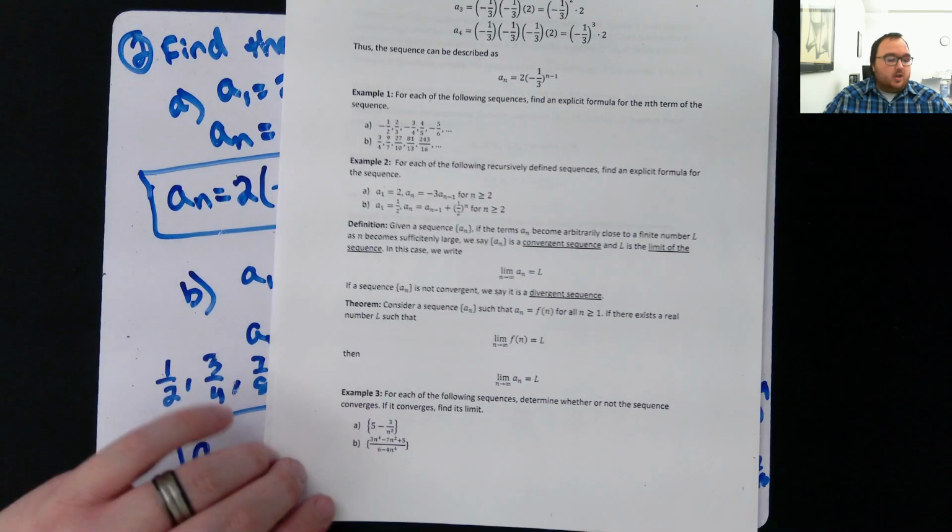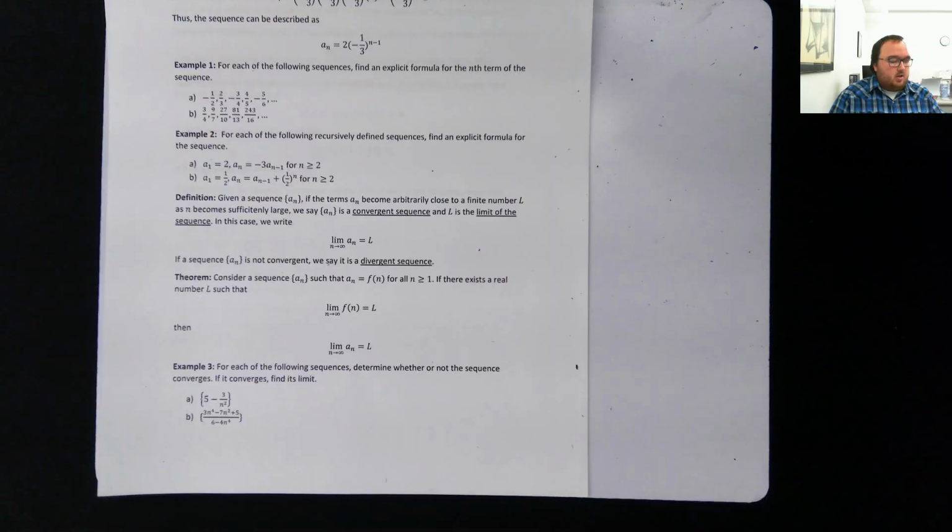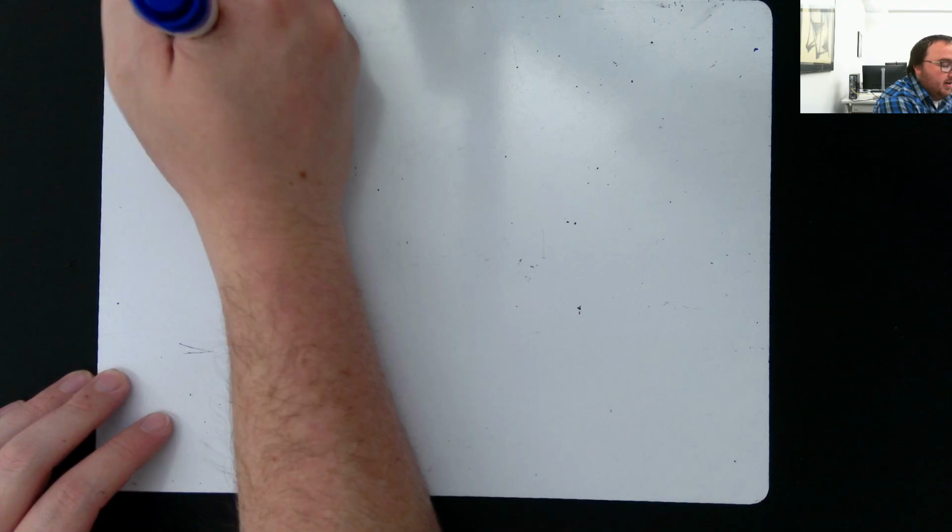Example number 3 says for each of the following sequences, determine whether or not the sequence converges. If it does, find the limit. So for example number 3, we're going to find the limit, if there is one.